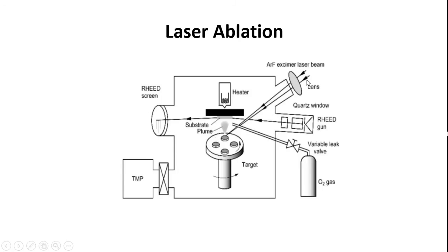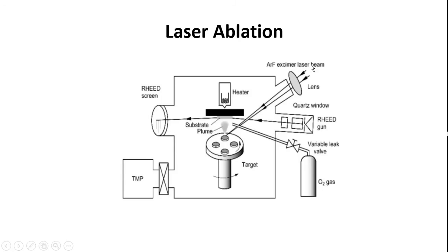Laser beams are either excimer laser beams or other kinds, like CO2 laser beams. We have already seen different kinds of laser beams possible for irradiating the surface of the target.